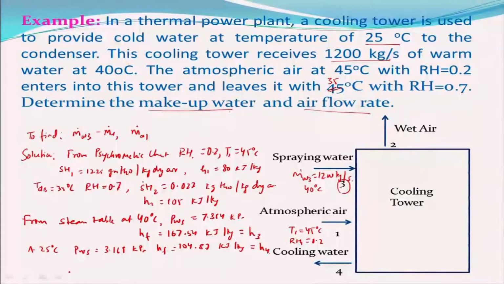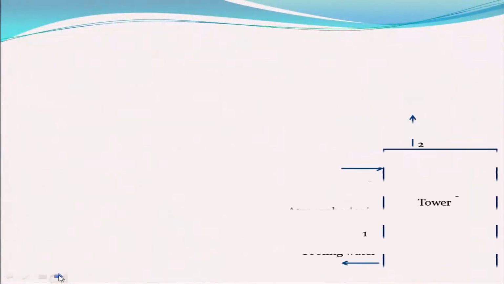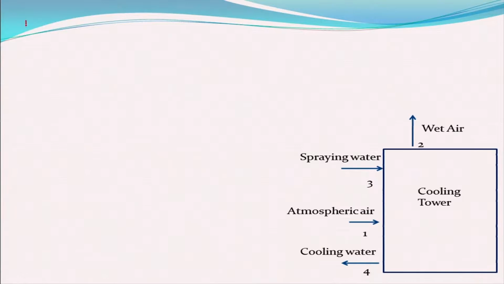So what we will have to do is basically an energy balance and then a mass balance, and then we will calculate, because we know all those data. By mass balance for water, we can get MW3 plus MA SH1, that is, 1 and 3 are entering, equal to MW4 plus MA SH2.